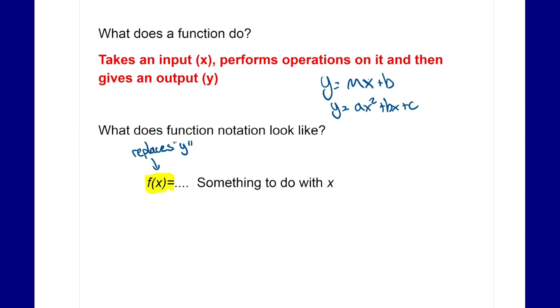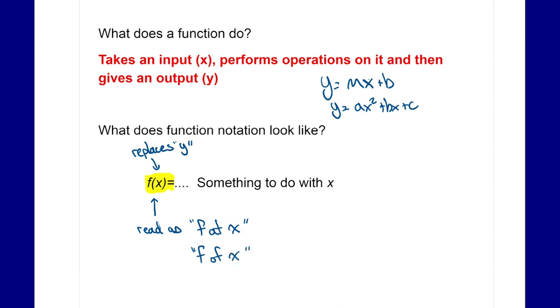Now, I keep saying this symbol, but we actually have a way to say it. We either say f at x, so the f value at this specific x value is equal to whatever, or we might read it as f of x.